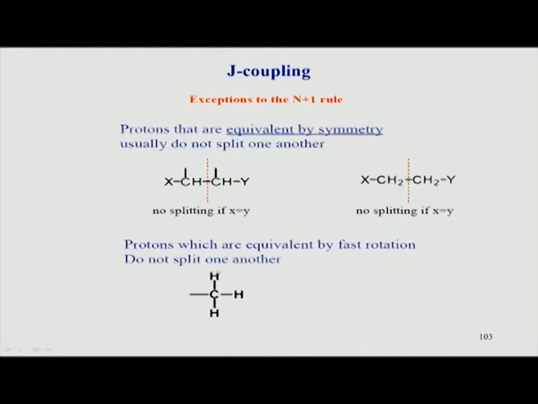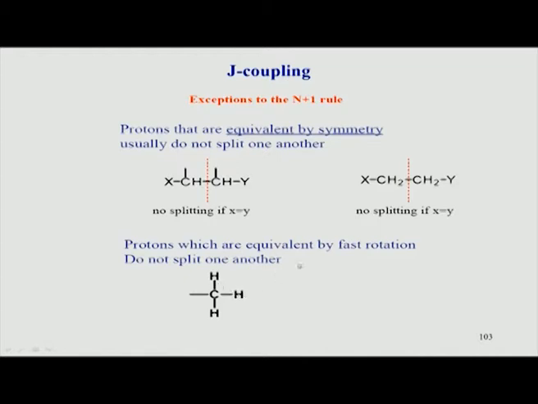So, what is shown here is the methyl group. In a methyl group, the hydrogens are chemically equivalent because of fast rotation, and because they are chemically equivalent, these hydrogens do not split each other. But remember that it is not that there is no coupling between these two; there is a coupling, but we cannot see it in the NMR spectrum.